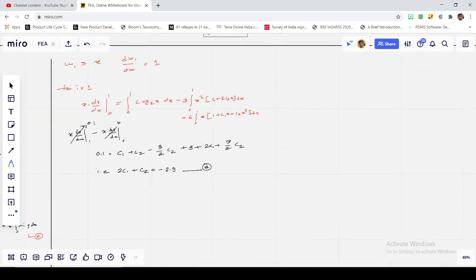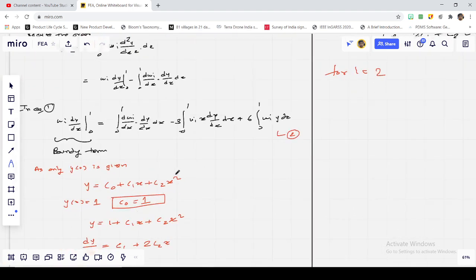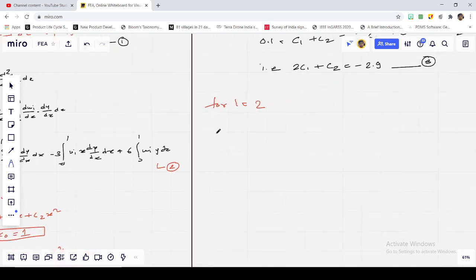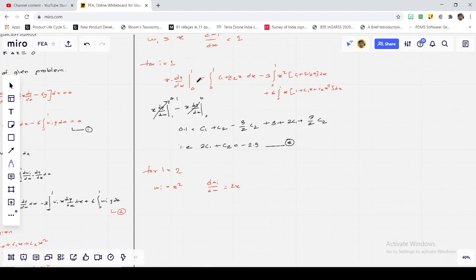Now we will continue for the second, that is for i is equal to 2. What will be the i is equal to 2? You will take second coefficient in y, that is x square. So wi is equal to x square, and dwi by dx will be 2x. Okay, then substituting this whole term, you will again get x square dy by dx going from 0 to 1 is equal to integral 0 to 1.